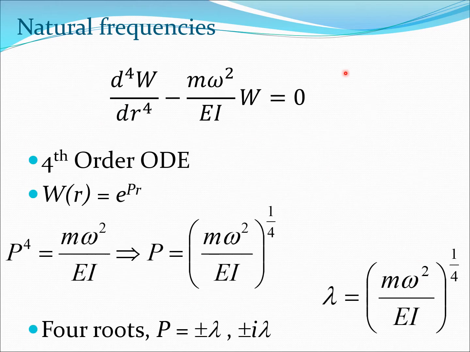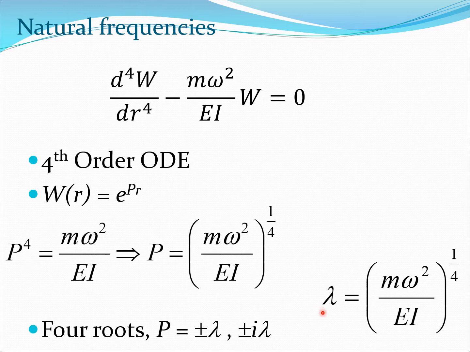So now we are going to try to solve this equation, and if you recognize that this is a constant coefficient differential equation because m, EI, and the frequency are all constants, I can assume an exponential solution W(r) is e to the power pr, where p can be written as the fourth root of m omega squared by EI.